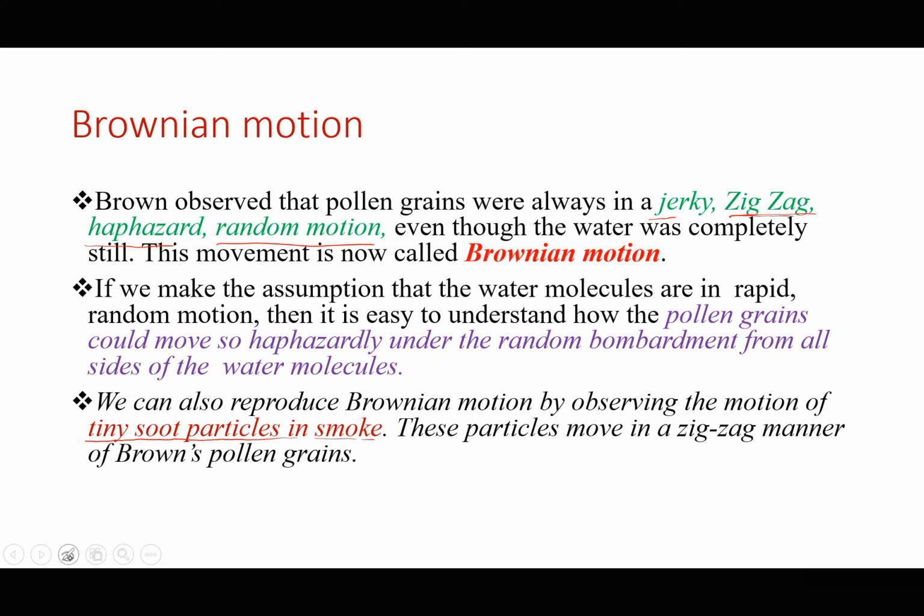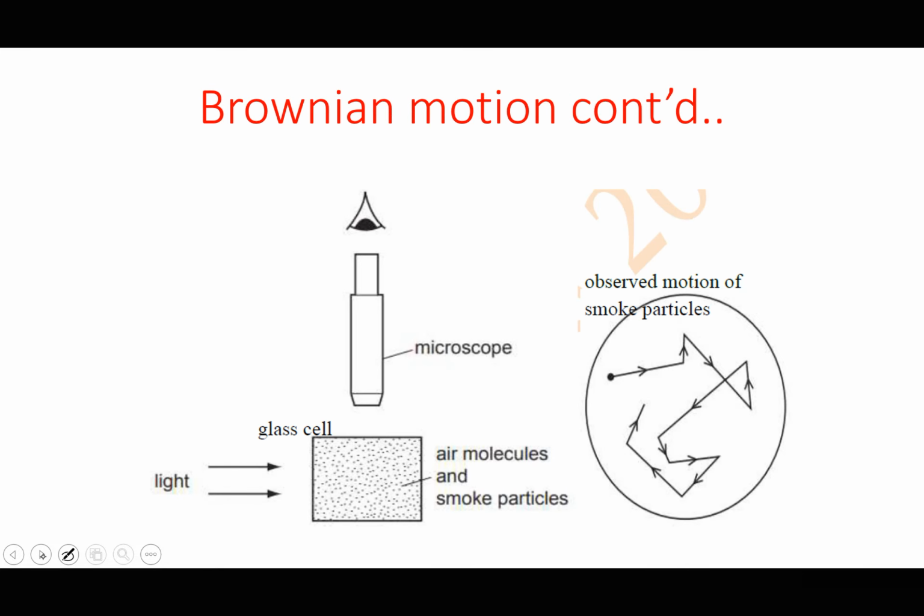So this can easily be illustrated here. If we were to observe soot particles or smoke particles in what I called a smoke cell or a glass cell, of course it should be illuminated to make them visible, because the microscope relies on light.